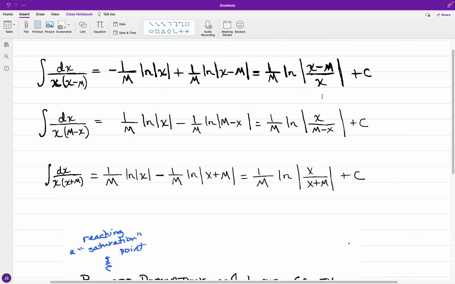And notice, with switching the order of m and x, the natural logarithm of x has alongside it a positive coefficient of 1 over m, and with the reordering of x minus m to m minus x, the resulting antiderivative has a negative 1 over m for the coefficient.